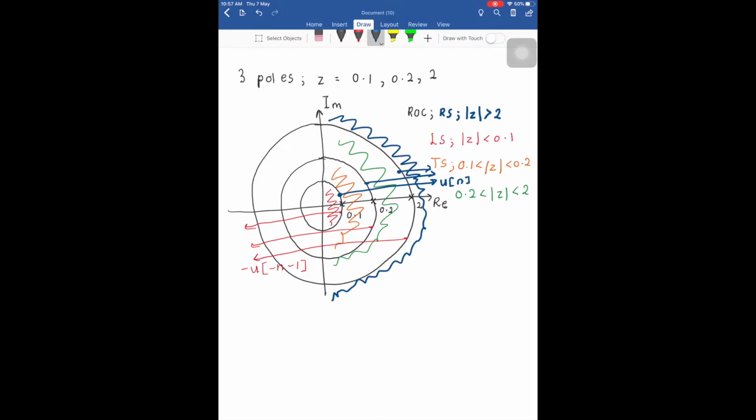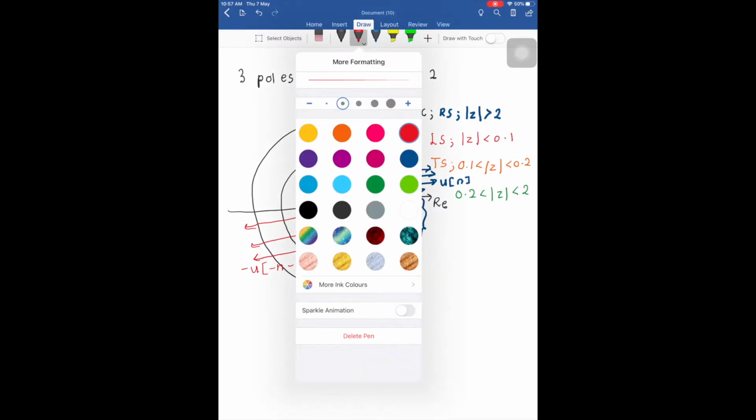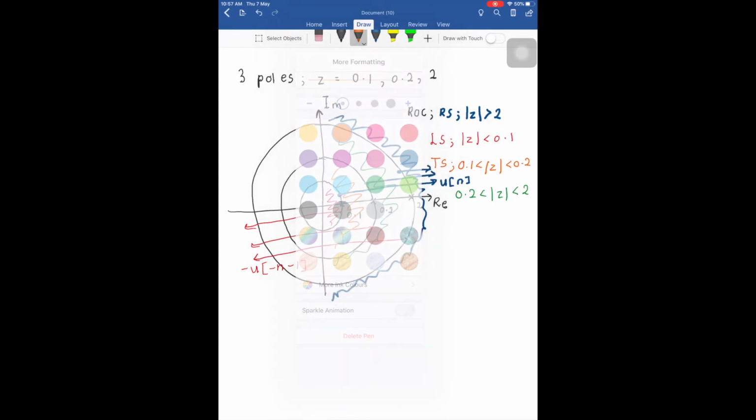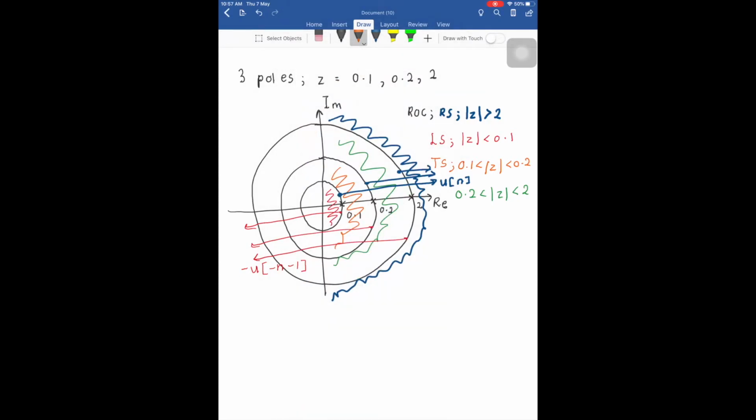Now this is another heading. What happened for two-sided? For two-sided, it is a little bit tricky. Let's start with the two-sided region in between 0.1 and 0.2.